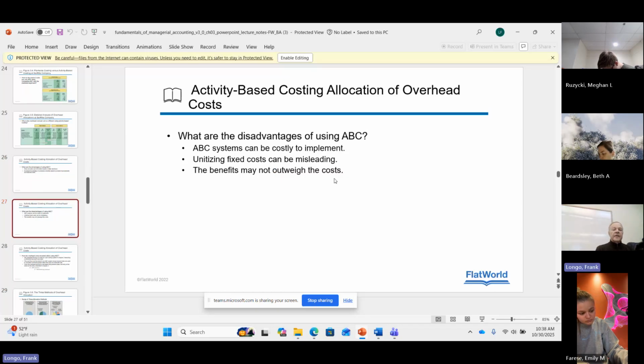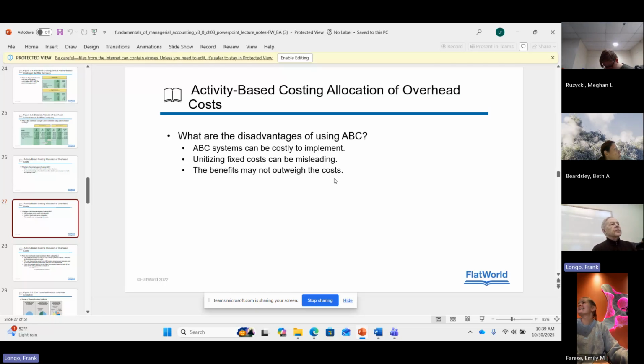Now let's talk about disadvantages, which again is another good quiz question and a question for online participation. What are the disadvantages of using ABC? First I'll give you the longer answer and then I'm going to summarize it.